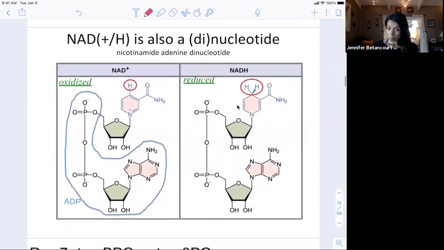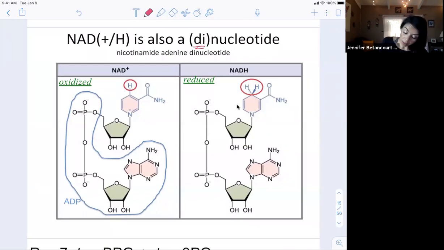It's important to remind you that NAD+ and NADH are dinucleotides. Here it is in the oxidized form. There's one less electron, which is why it's positively charged. And how do we know that it's a dinucleotide?